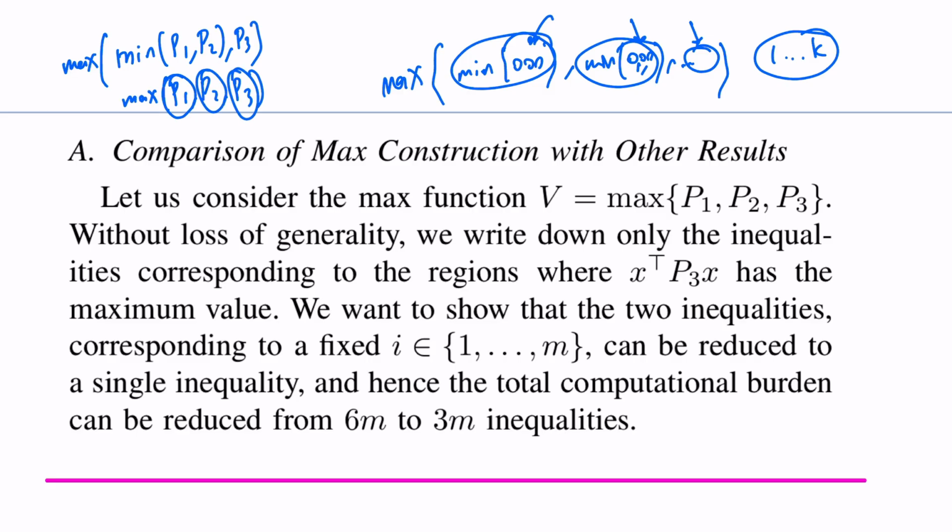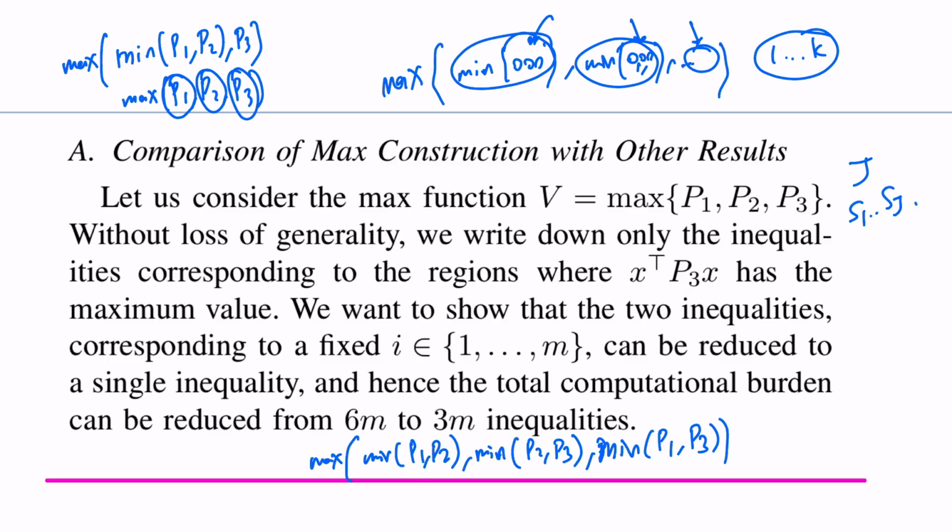And for example, we can also have max of min P1, P2, min P2, P3, and min of P1 and P3. Okay, so there are a couple of different max min structures that you would have. It all depends on your subsets, your j value and then s1 dot dot dot sj, those subsets.